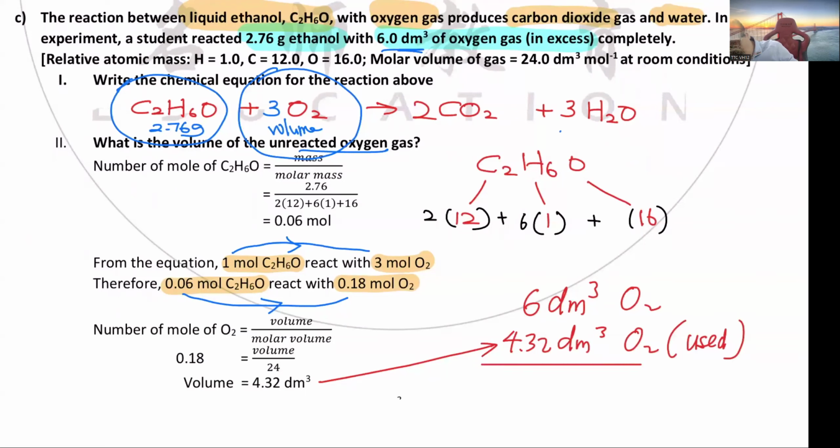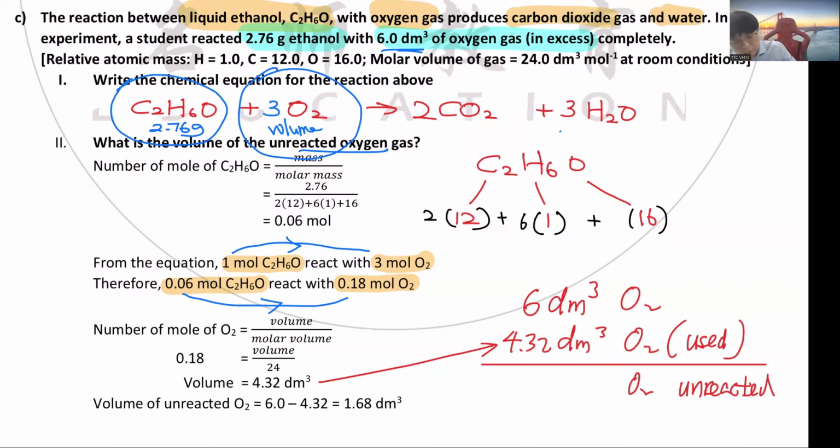And now they ask you, how much is the unreacted oxygen? The remaining oxygen. So you minus, and it will be 1.68 dm cube. Chapter 3 questions can be twisted around and you cannot just memorize, that's why you need to practice the questions. So far okay, you're okay with this one?